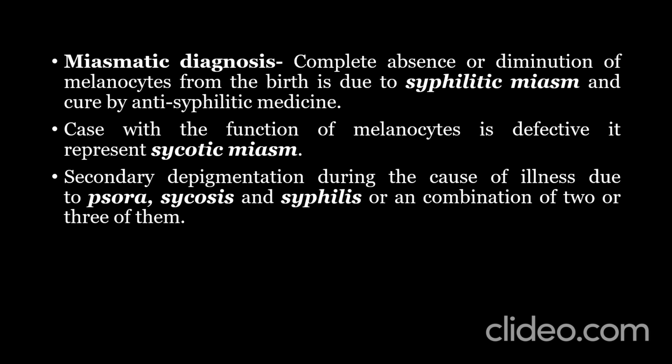So, in miasmatic diagnosis, if the complete absence or diminution of melanocytes is from birth, it is due to syphilitic miasm, and in that case we should use antisyphilitic medicine. A case where the function of melanocytes is defective represents psoric miasm. Secondary depigmentation during the course of illness is due to sycosis, psora, or syphilis, or a combination of these three miasms.